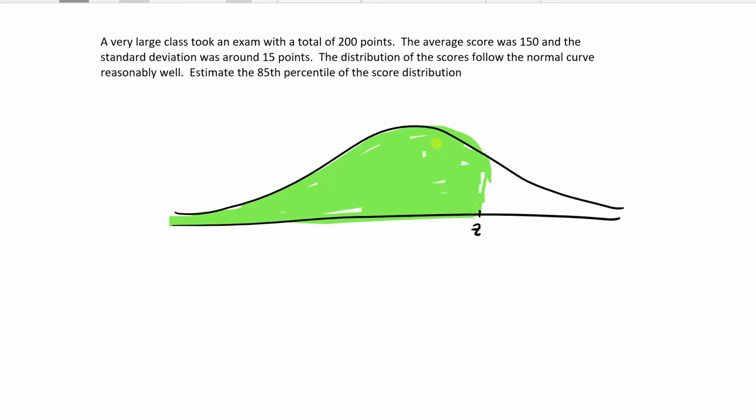So the area I am shading in green here is 85%. What we want to do is find out what Z is as a score. We can't find that directly, but by normal approximation, we can find out what the score is in standard units and then convert back to a score.